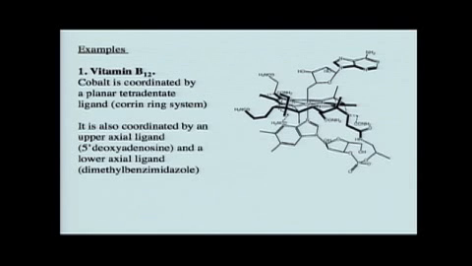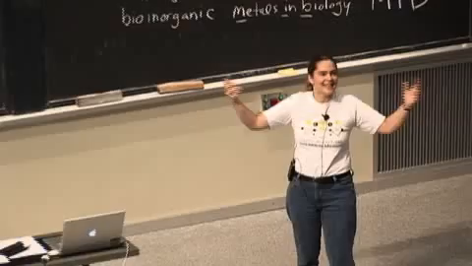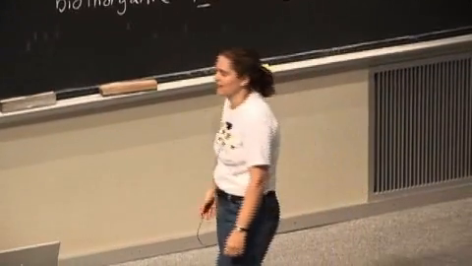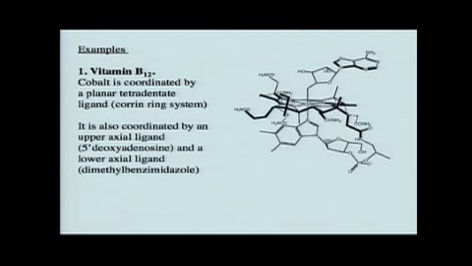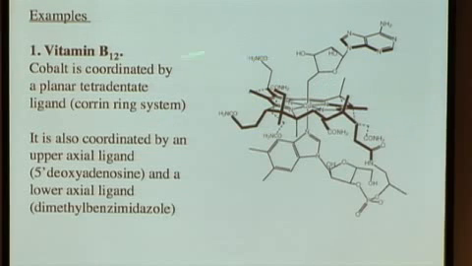Of course, you know it, vitamin B12 has a chelating ligand associated with it. Cobalt is in the middle of vitamin B12, and it has a ring system around it.